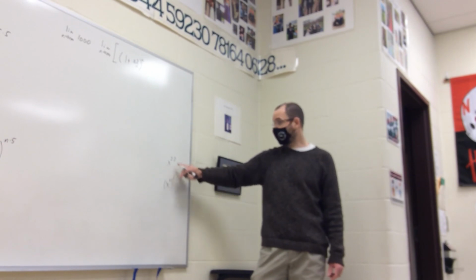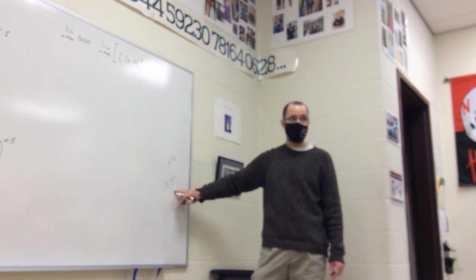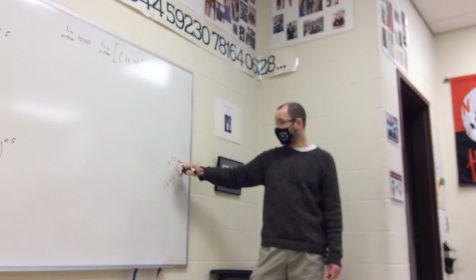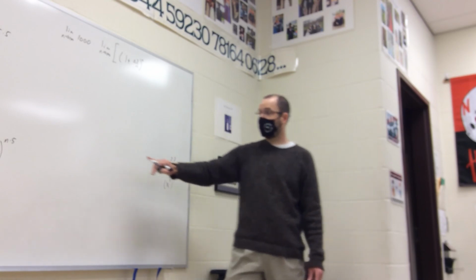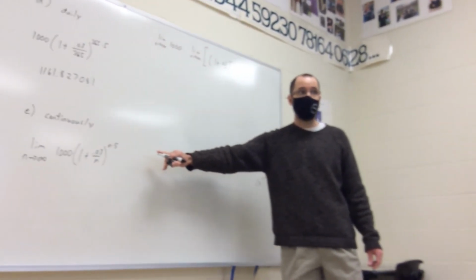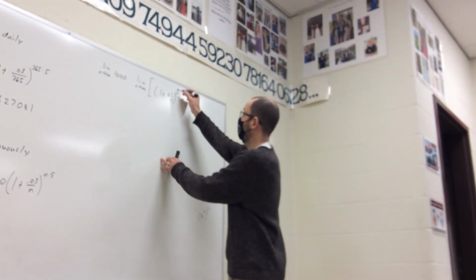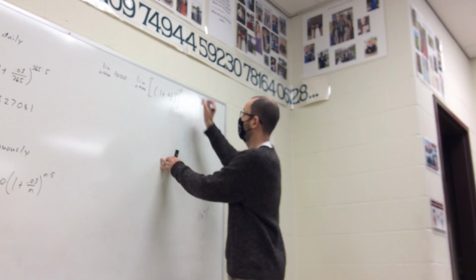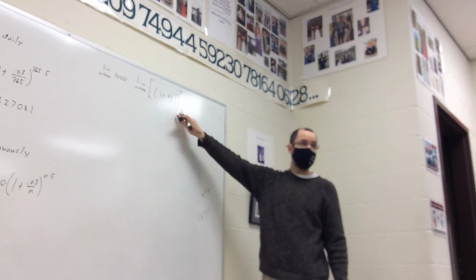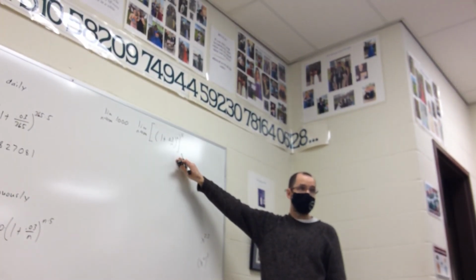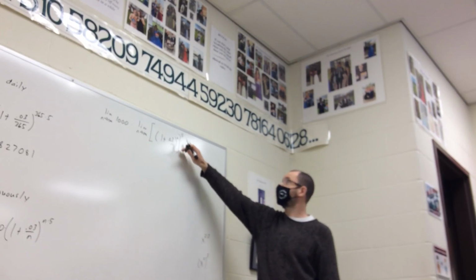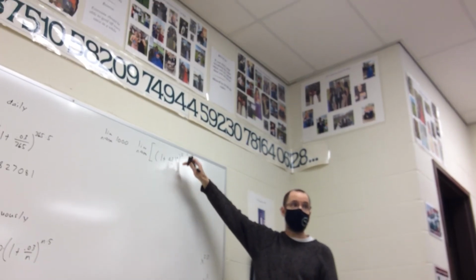We're good at going from here to here, not so good at going from here to here, right? I want to go from here to here. Because see, I have the n times 5 power, so I'd like it to be to the n power and then to the 5th power. So in this situation, you would multiply the exponent, so it would be the 5n power.